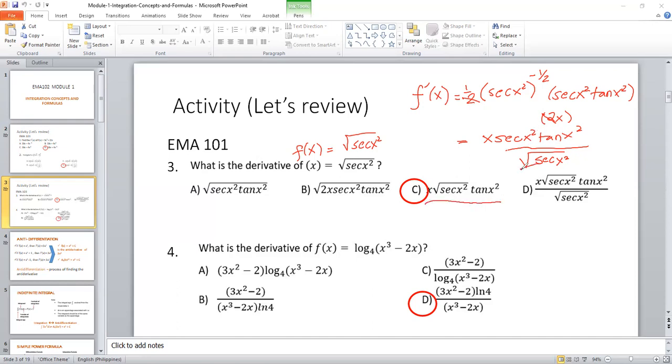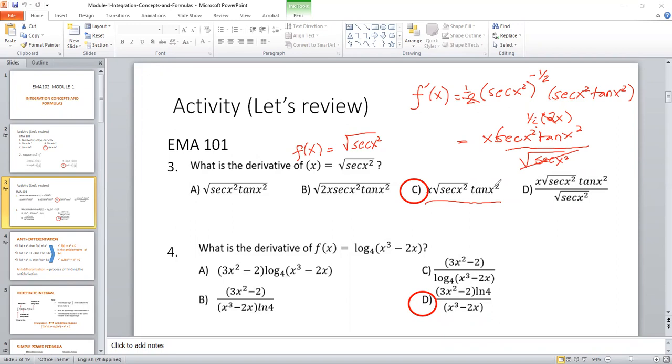You take this one out, you have still a remaining exponent here, which is 1/2, because originally this is 1 minus 1/2, so that would be 1/2. So x square root of secant x squared tangent of x squared. So that's our answer for number 3. That's using as well chain rule.